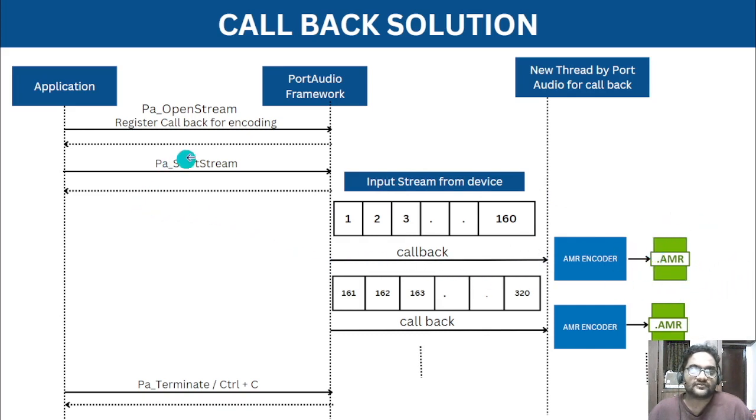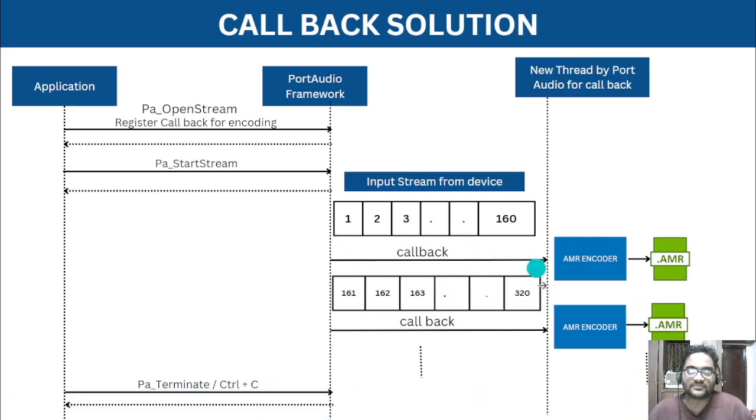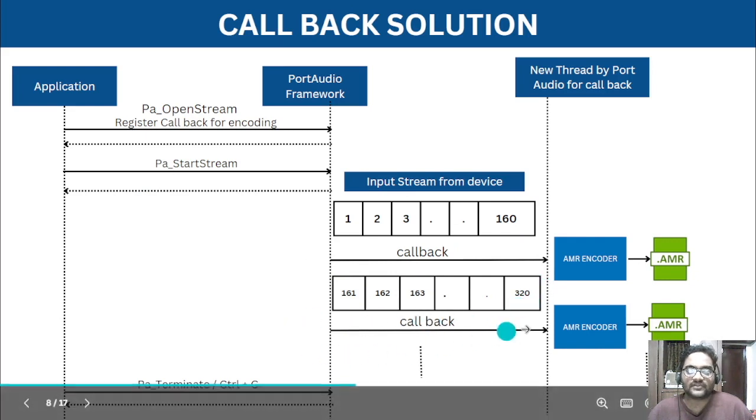Again, from the stream it reads the next 160 samples, and since the samples are ready, the callback is called, this buffer is passed to the AMR encoder, and it just appends to the AMR file. Like that, all the frames are encoded and written into the AMR file.